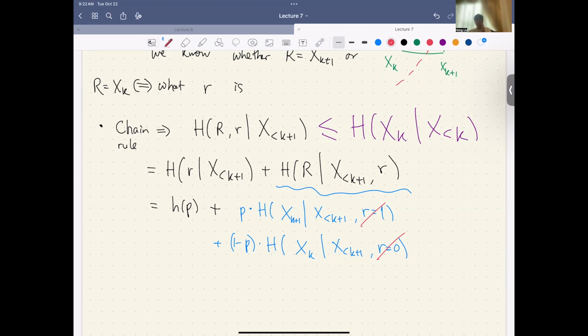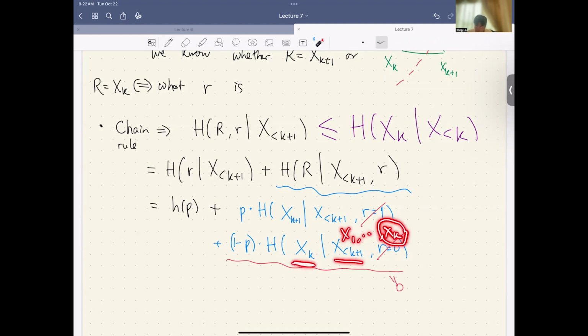No wonder I get confused. So this whole thing is 0, actually. You see, xk is one of the things in here. This is x1 to xk. It's already revealed, so you get no information here. Okay.